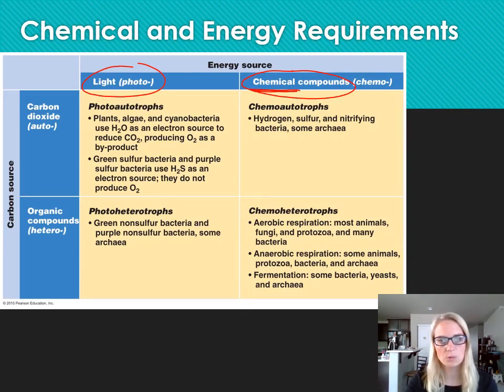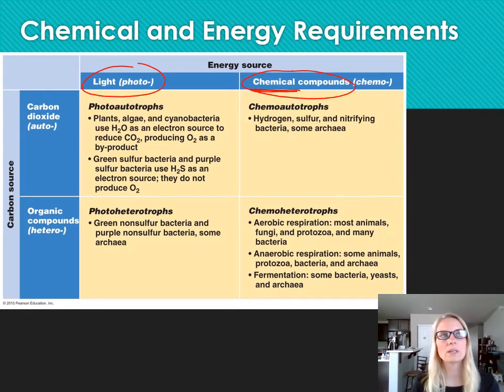So glucose is what we started with. We broke it down systematically, taking the electrons, making a little bit of ATP via substrate level phosphorylation, but really it was those electrons that we stripped away from the carbon molecules that drove the electron transport chain, that made the hydrogen ion gradient, that drove ATP synthase, that got you ATP. Those are the chemicals. That's where the energy comes from, breaking down those chemicals.